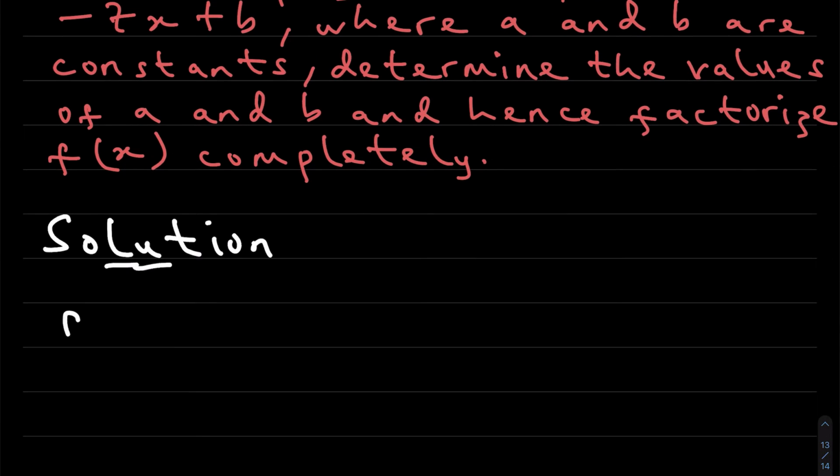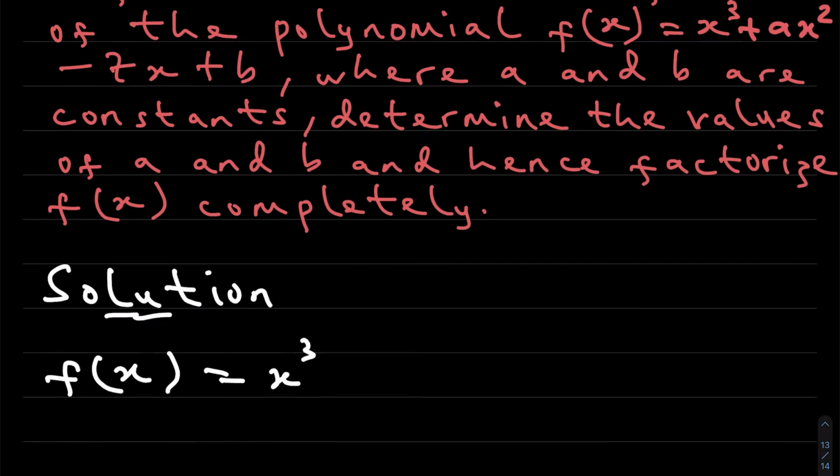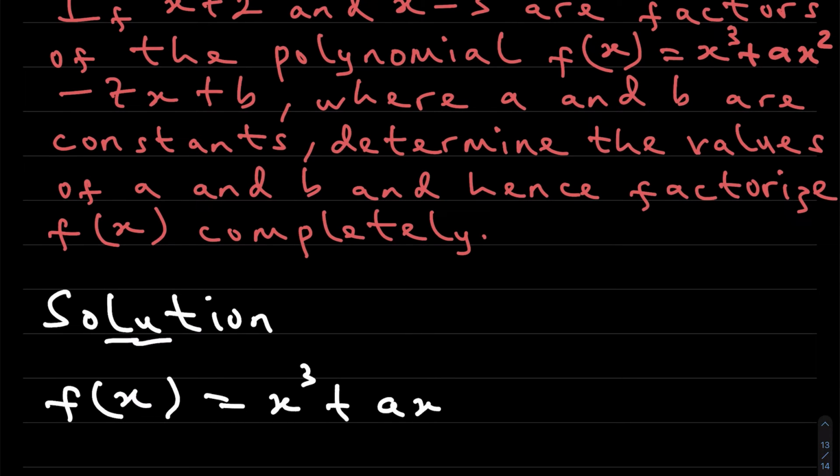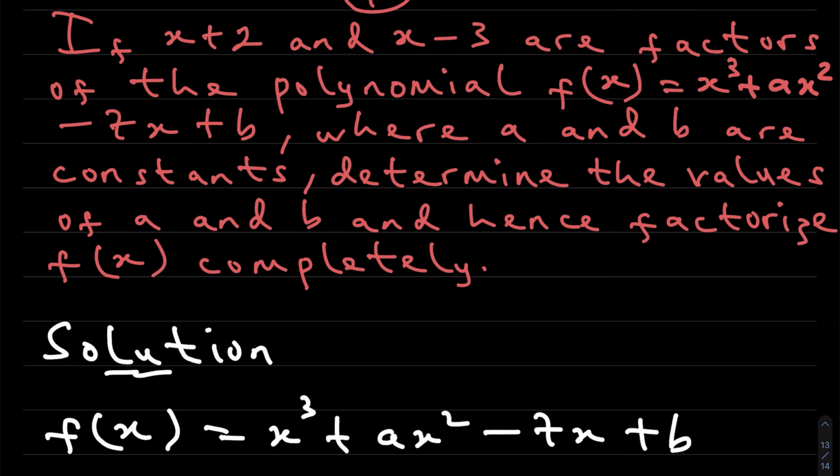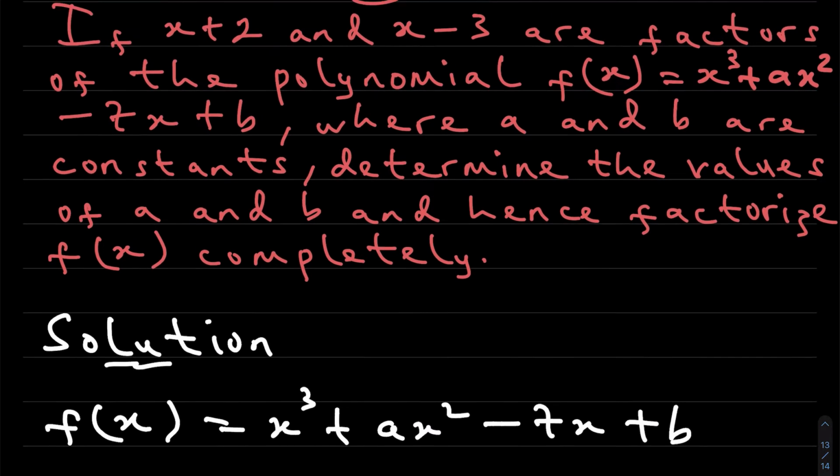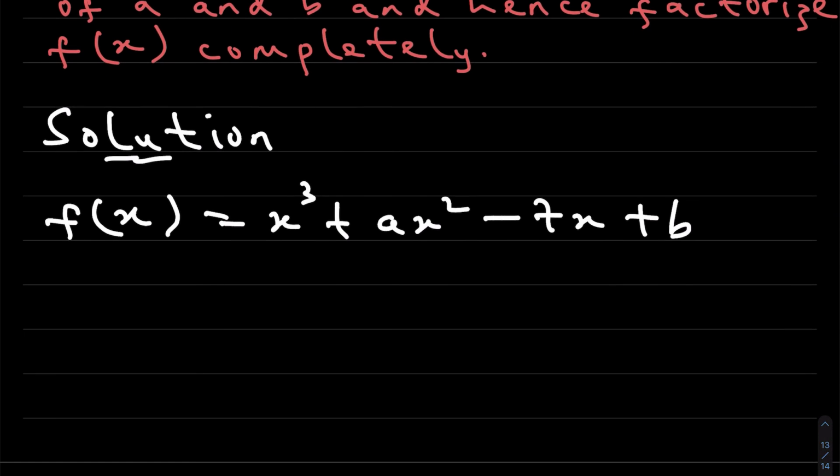Now, the polynomial is f of x and it's equal to x cubed plus ax squared minus 7x plus b. x plus 2 and x minus 3 are factors of the polynomial f of x, and we are supposed to find the values of a and b and then factorize f of x completely.